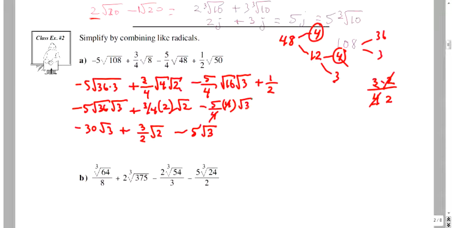I don't know the square root of 10. I don't know the square root of 5. But I can go 50 is 25 times 2. And I do know the square root of 25.